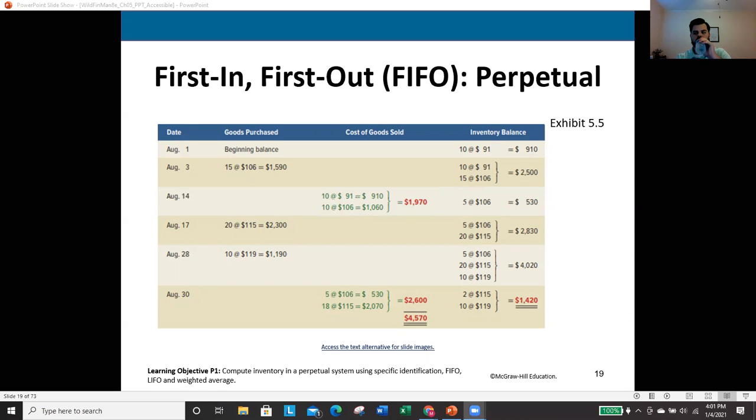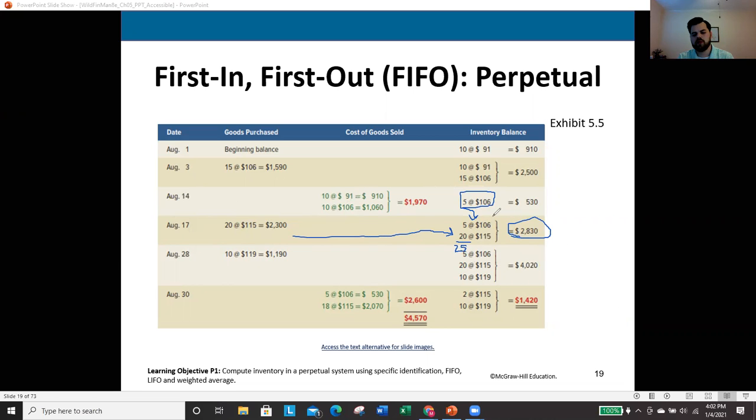Now, on the other side, we are looking here and we purchased 20 more units. Now your ending inventory is still made up of these 5 units at 106 plus your 20 new units at 115. That gives you now a new ending inventory of 25 units valued at a total of $2,830.